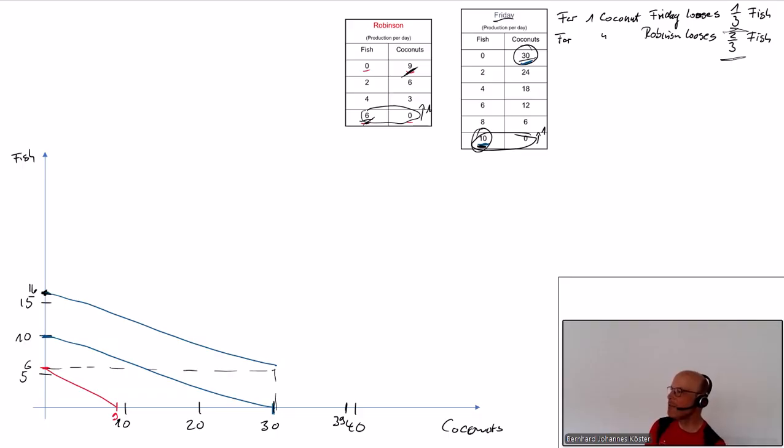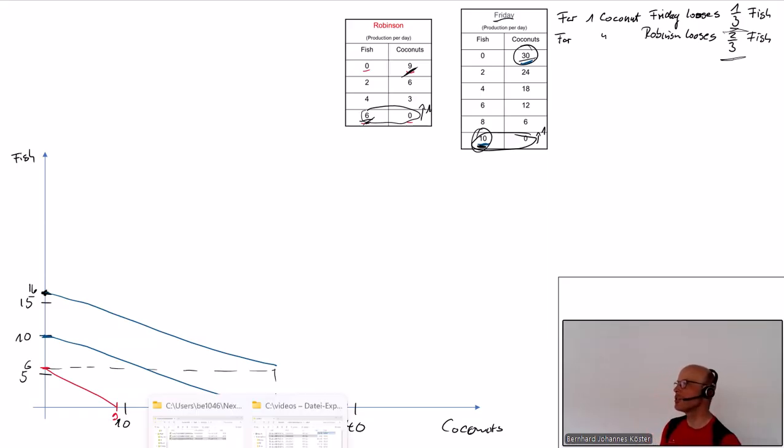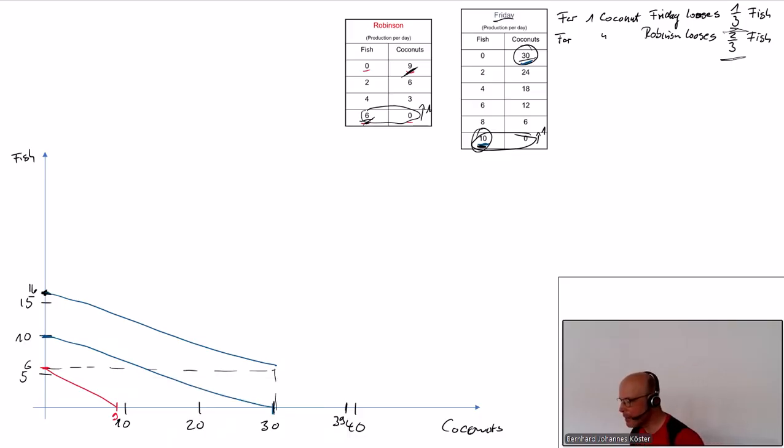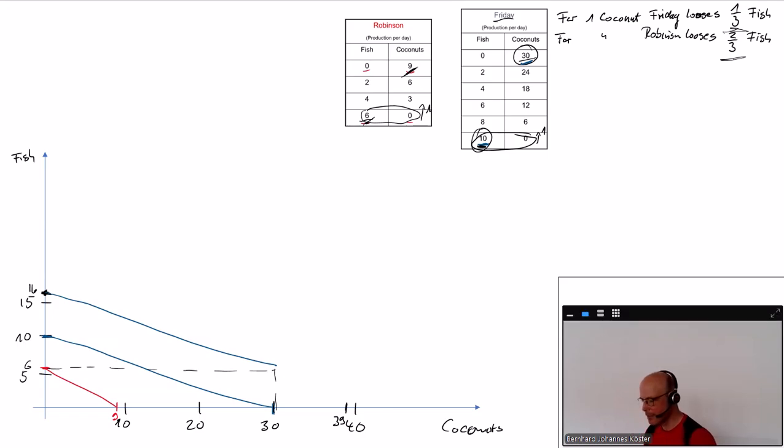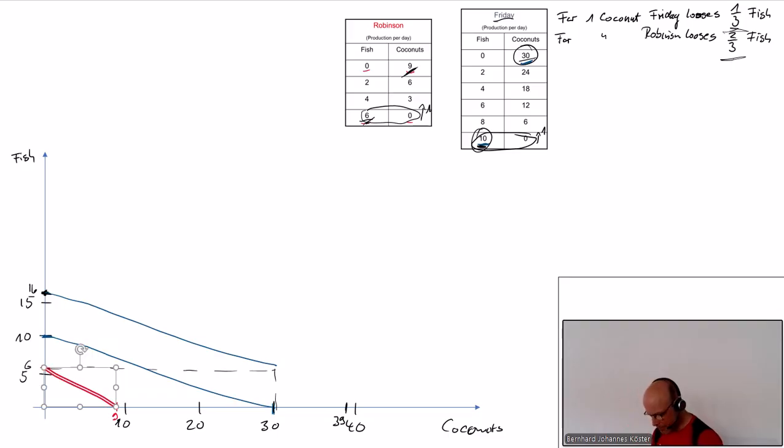If I now want to have more coconuts, since Friday is at full capacity, we have to add the production of Robinson, and this then would mean that we move horizontally the production possibility of Robinson.